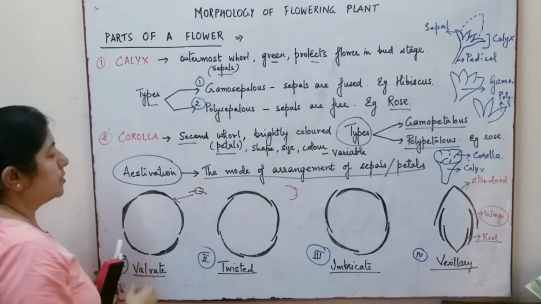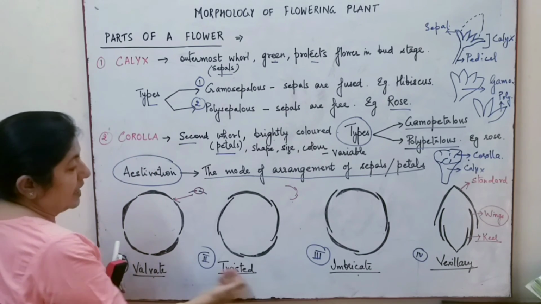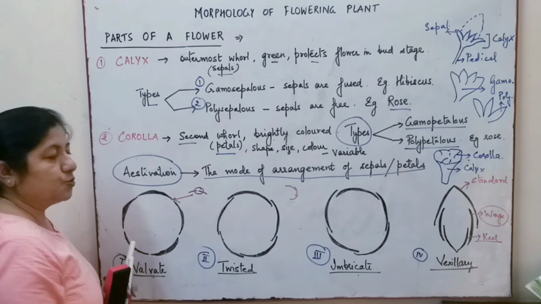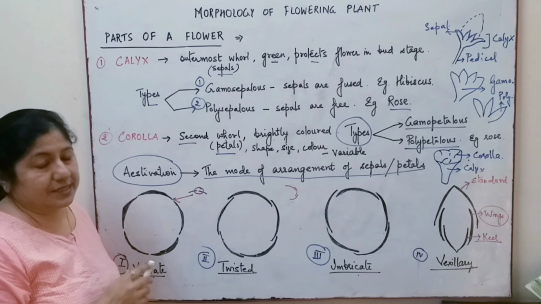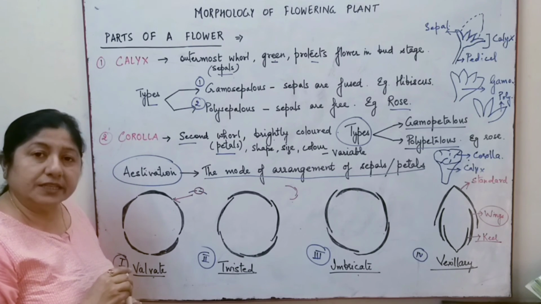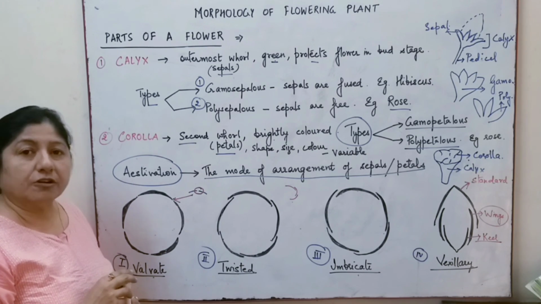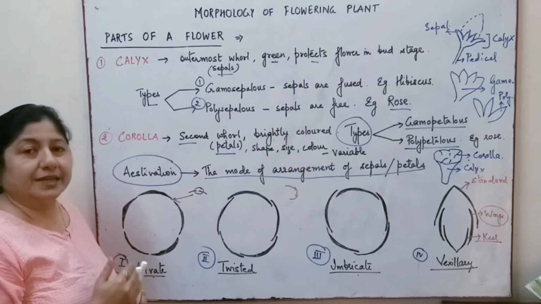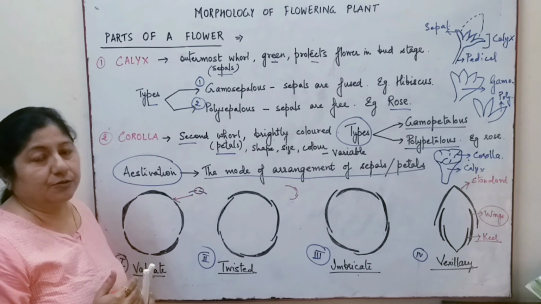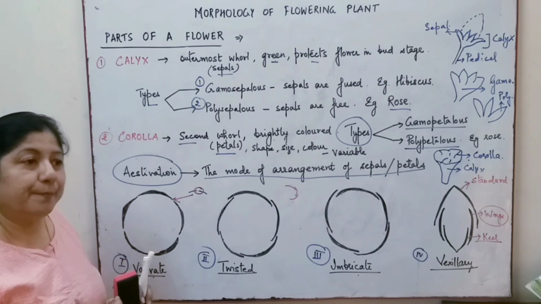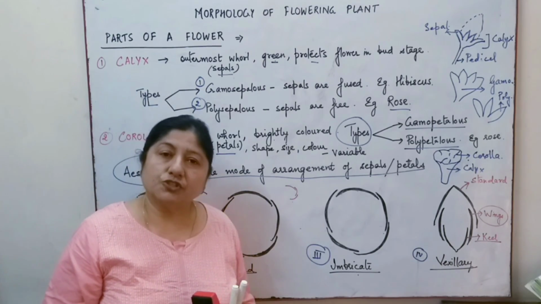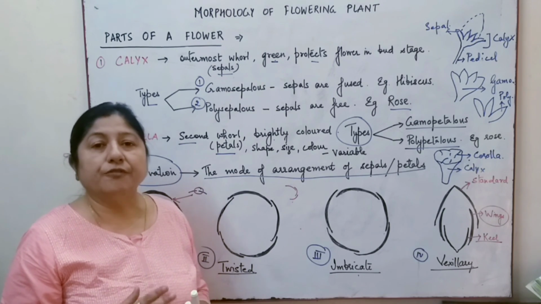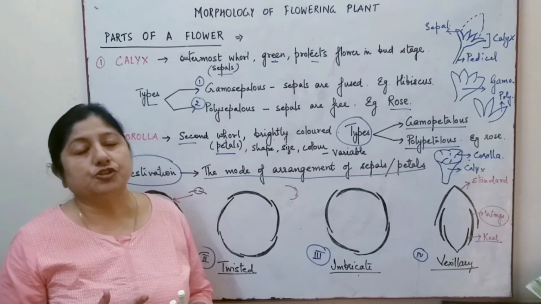Both may show different kinds of aestivation, whether valvate, twisted, imbricate or vexillary. In the next part of the video, we will be talking about the reproductive parts of a flower, that is the androecium and the gynoecium. So this complete understanding of the structure of the flower will help you to understand the actual process of reproduction and the formation of seeds.